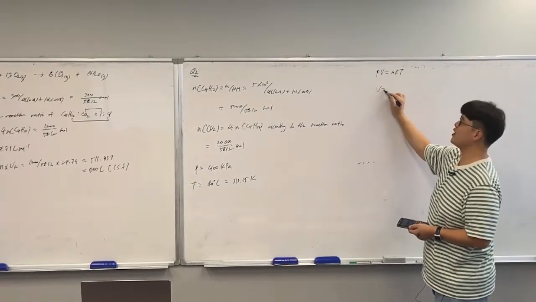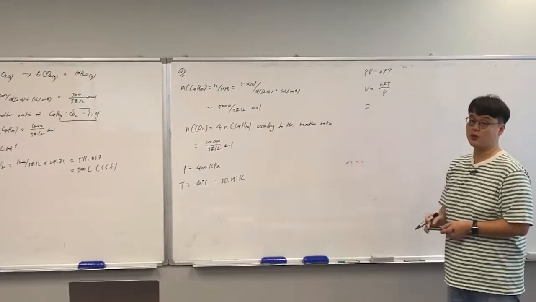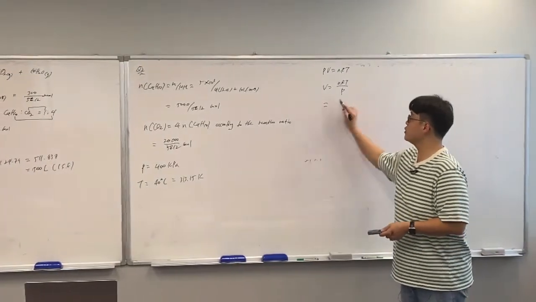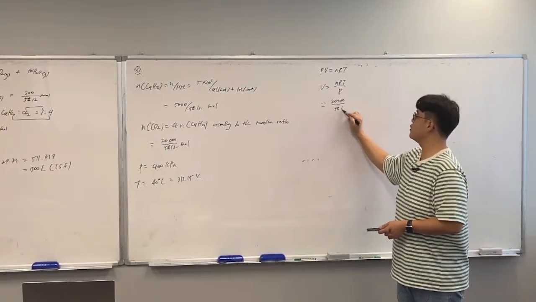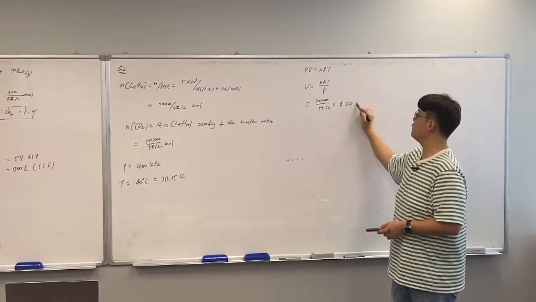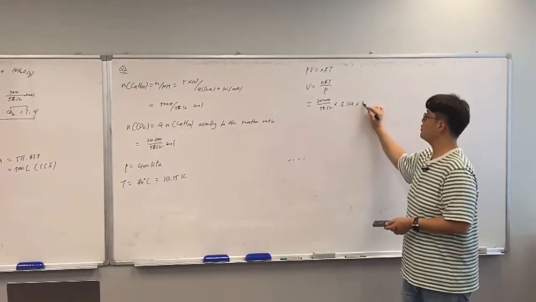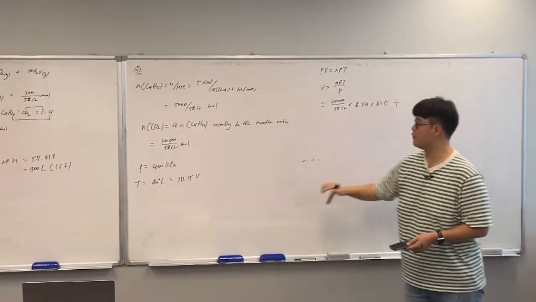Just write that n equals PV, or rather P equals nRT over V straight away if you like. Then n, we give it 20,000 over 58.12, times the R gas constant, 8.314, times the T, 313.15, divided by the pressure, 400.